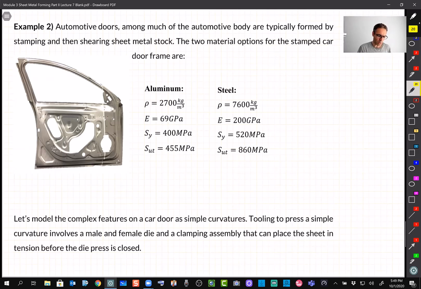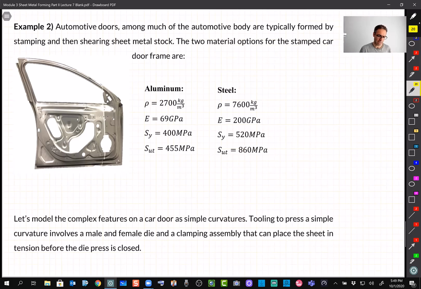So let's solve one quick example together. It says like this door for a passenger car. It has all these complex features on the interior side of it. Of course, you cannot see it inside your car if you have a car, because you have this interior cover, but it has all these complex shapes and features.